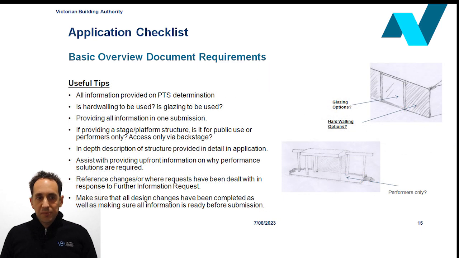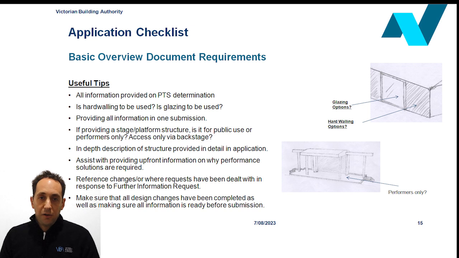Some useful tips: I provided the list shown of some of the useful tips to assist with helping the submission process and saving time in the application process. One example of this is shown on the slide. In this case, for a stage and platform application or submission, state from the start whether it's to be used by performers only or it is intended to be used for the public as well.